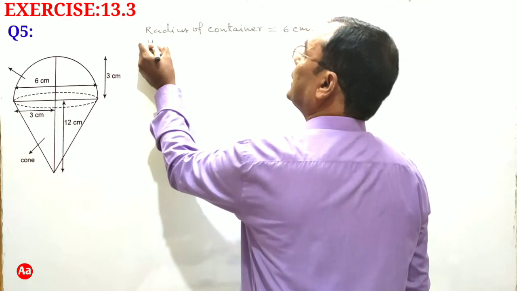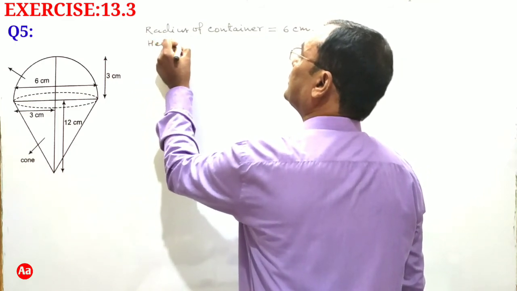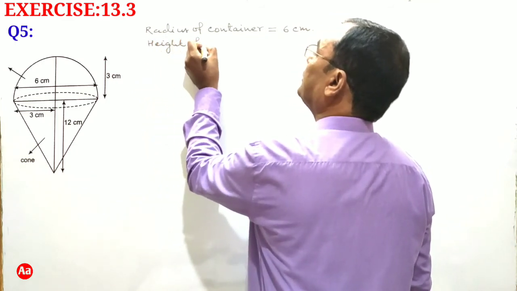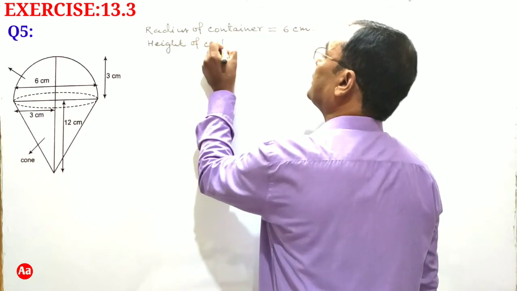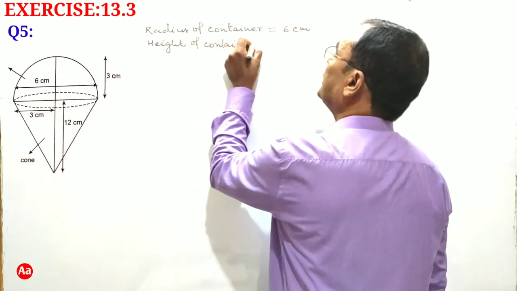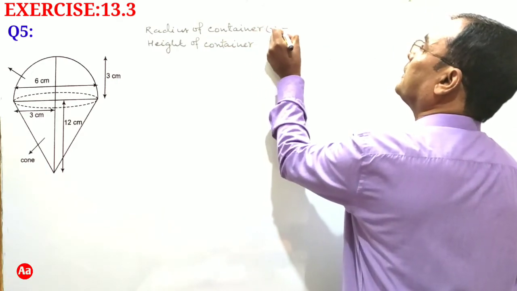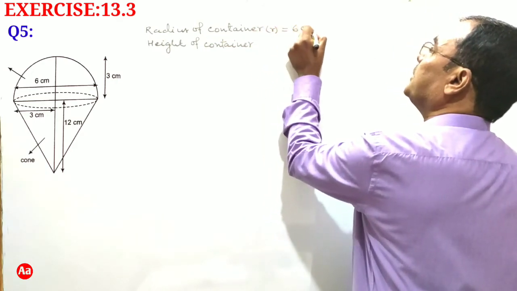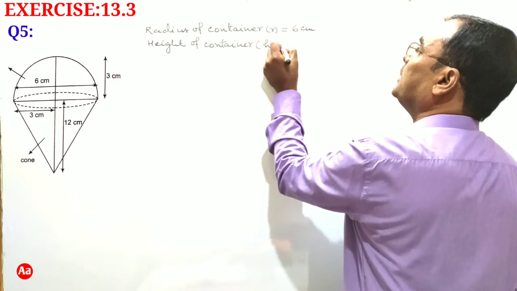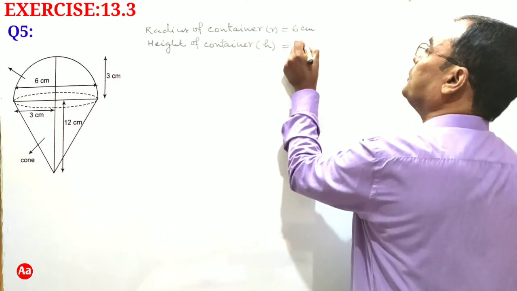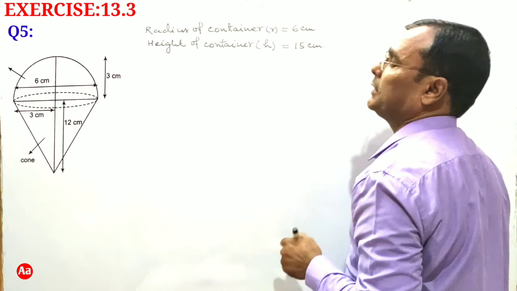Height of the container, which is cylindrical in shape, let this be radius r 6 centimeter, and let this be height h 15 centimeter.